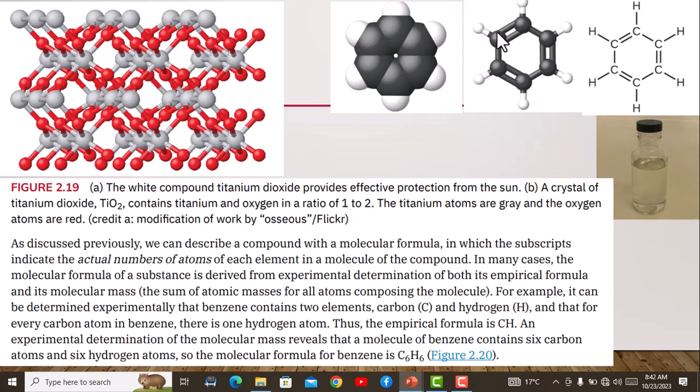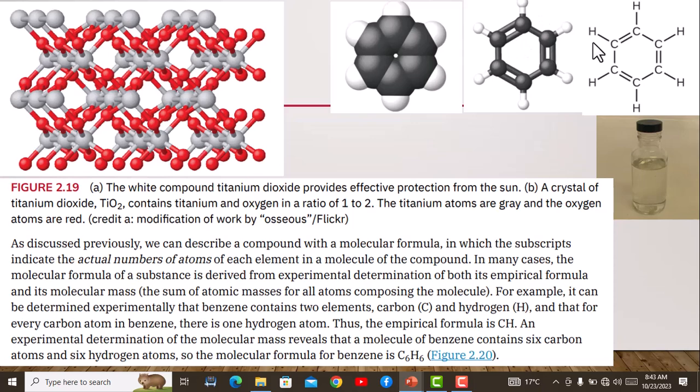And what do you notice here? There's a double bond between the atoms. Very, very important that we note that. So we have carbon, sorry, there it is. And here we have a double bond, a double bond, a double bond, single bond, single bond.